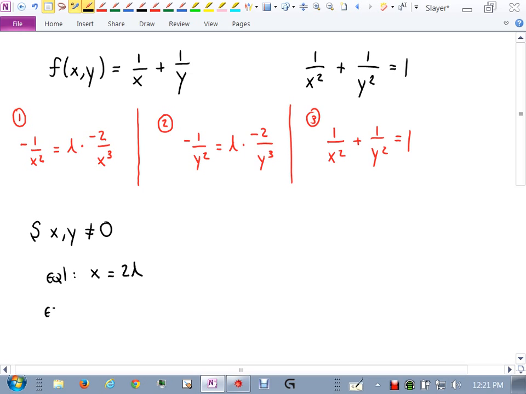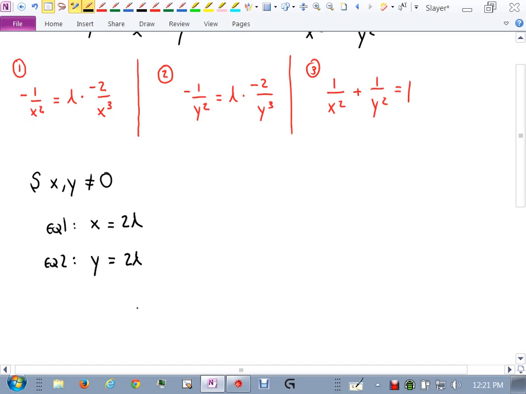Equation 2 should turn into y equals 2 lambda. Oh man, this one cannot be this simple. Because if x is 2 lambda and y is 2 lambda, then that implies x is y, right?